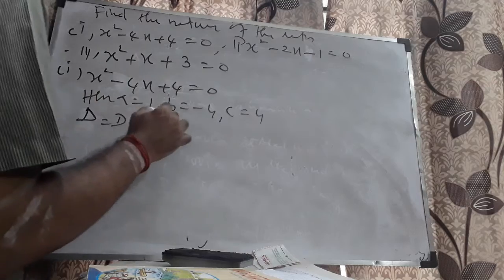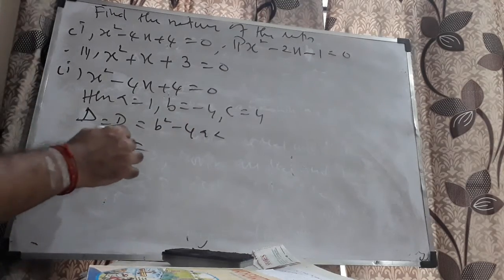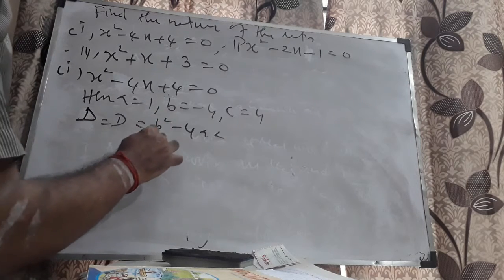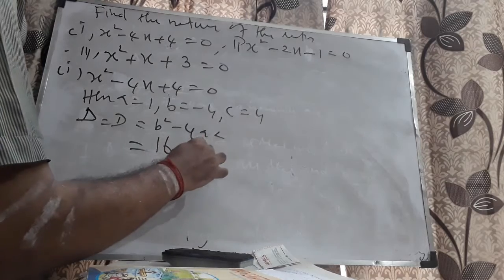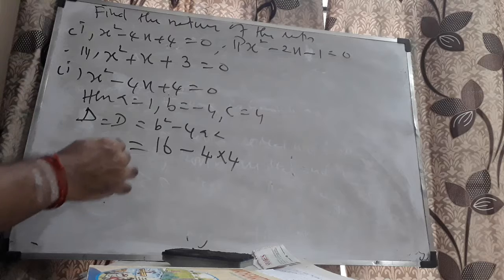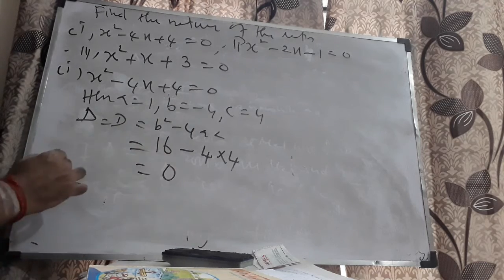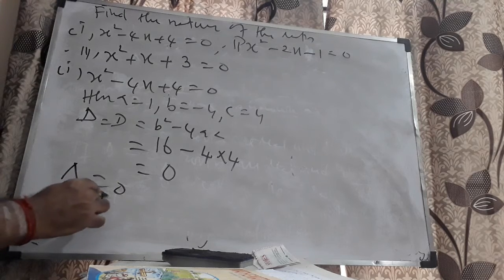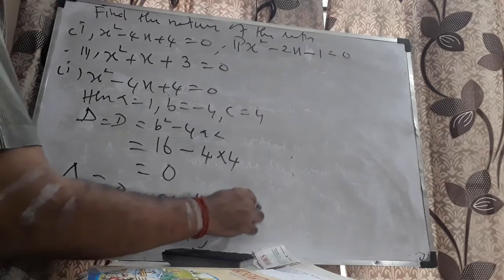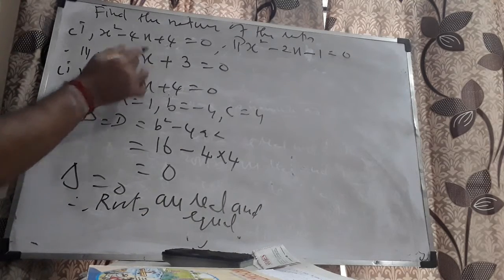Delta is equal to b square minus 4ac, which you get to be 16 minus 4 into 4, which is 0. Delta is equal to 0. Therefore, roots are real and equal. In fact, you can write it as x minus 2 whole square.